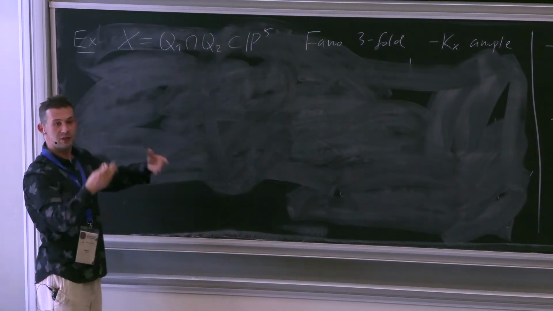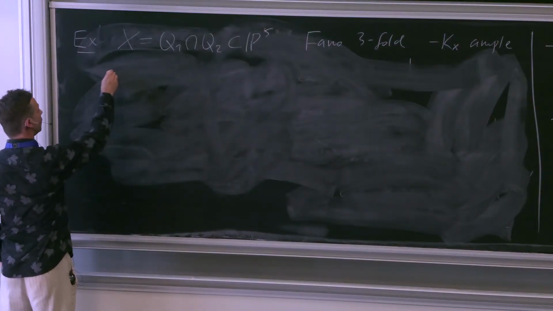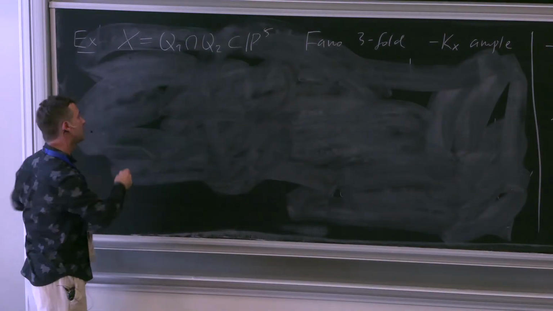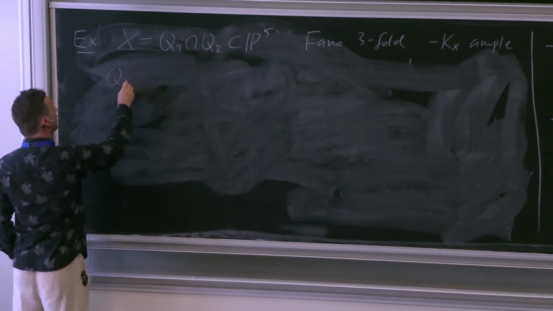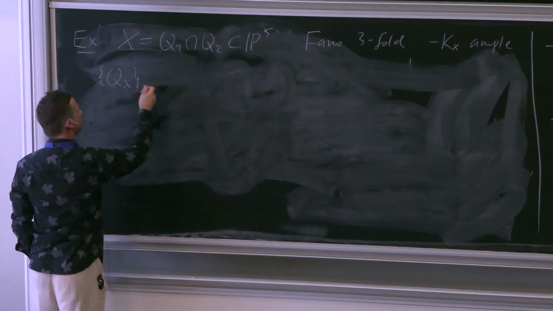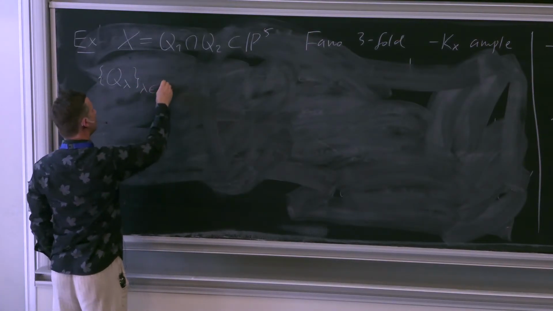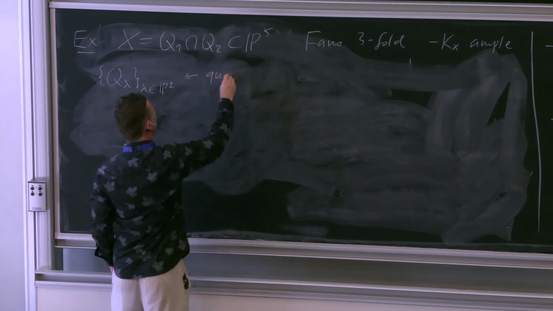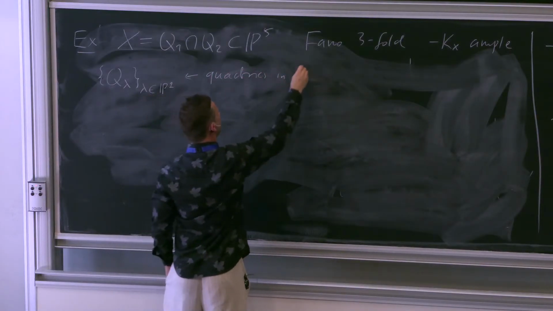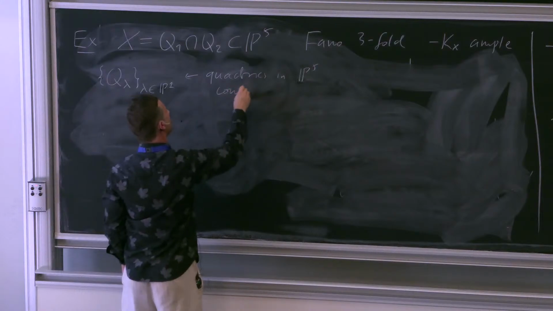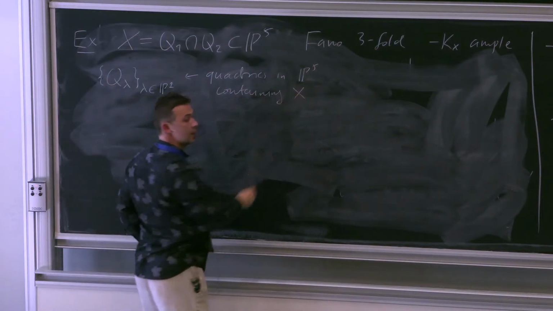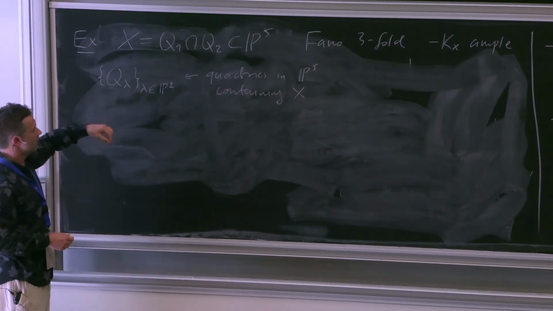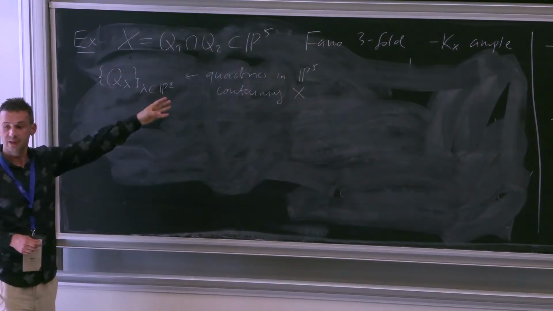Namely, there's a certain projective duality construction for this. So there's a natural curve attached to this X. Specifically, if you look at all quadrics passing through your X, it's a pencil, and these are two quadrics from this pencil, so these are quadrics in P5 containing X. And because it's a pencil of quadrics, there are certain finitely many degenerate quadrics in this pencil.